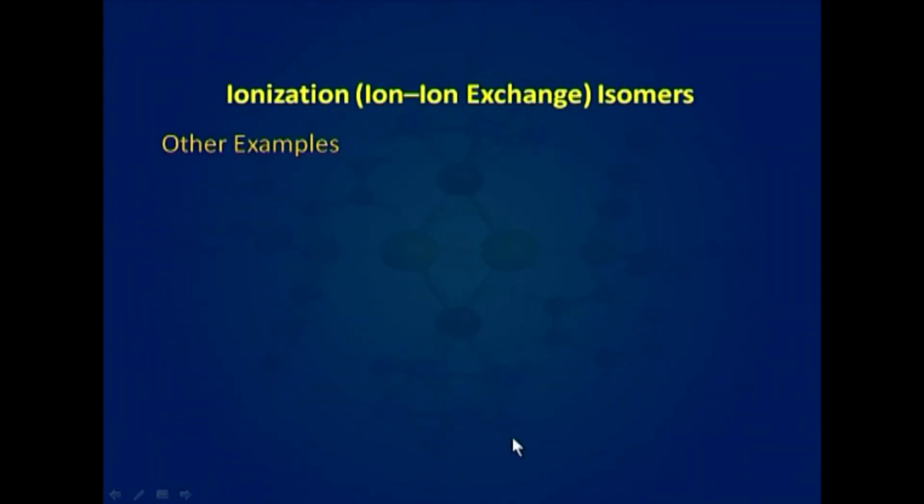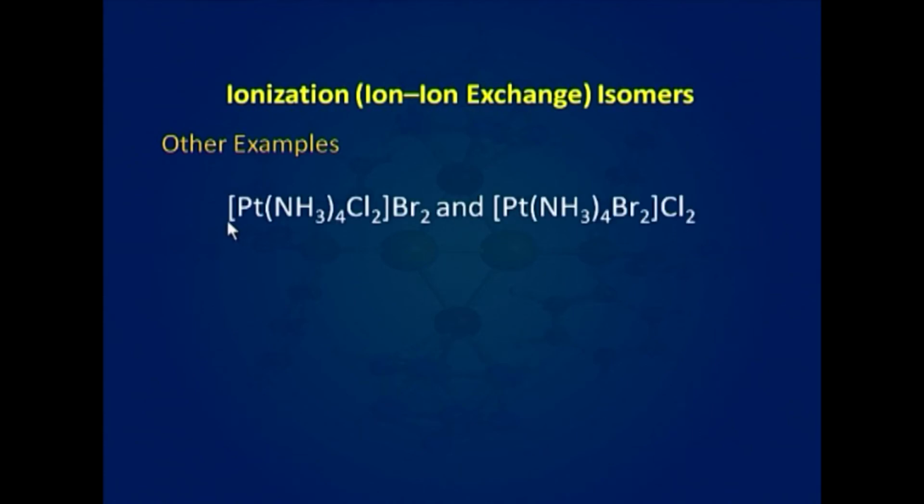Some other examples of ionization isomers are [Pt(NH3)4Cl2]Br2 and [Pt(NH3)4Br2]Cl2. Here you can see bromide is in the ionization sphere, but in this isomer chloride is in the ionization sphere.